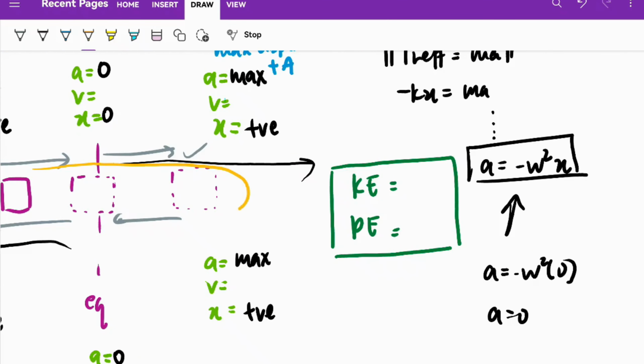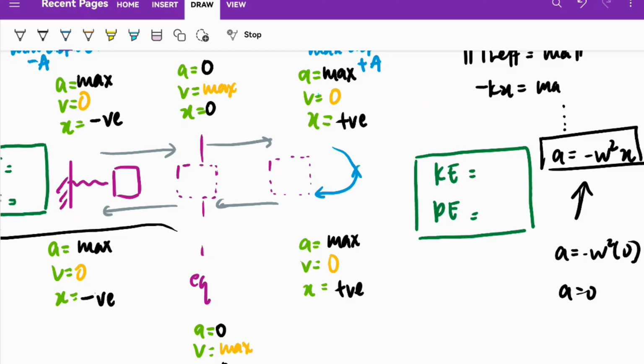Now, at this point, I said it will momentarily stop before it reverses direction. When it momentarily stops before it reverses direction, your velocity is 0. That means your KE is 0. When your KE is 0, your elastic potential energy at maximum amplitude, or your displacement position, will be maximum, because it's stretched maximum.